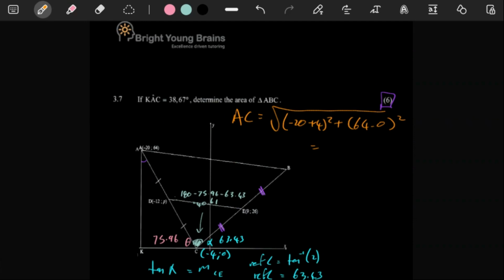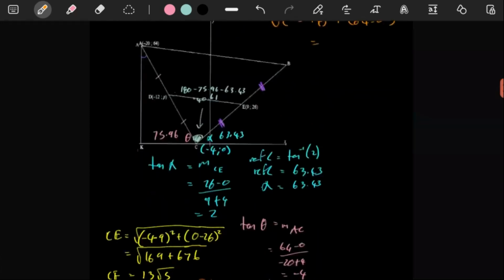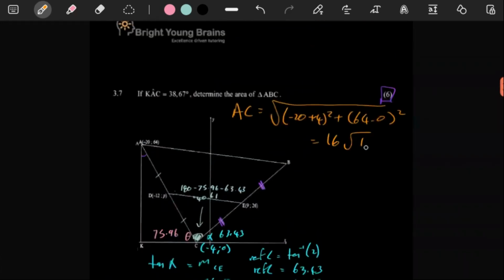I'm just putting all this in the calculator to see what it gets us. So it's -20 minus the 4, squared, plus 64 minus the 0, squared. And it is what it is: 16 square root of 17. 16 square root of 17.